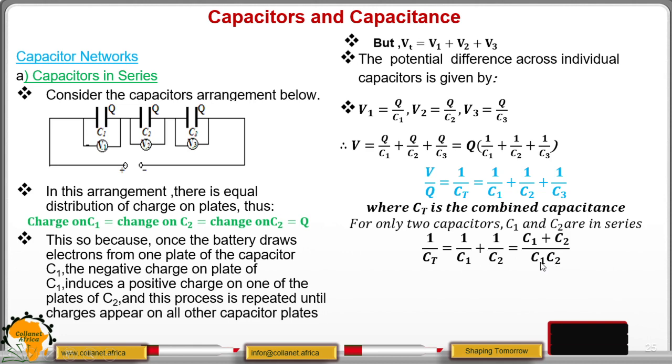So by dividing, you get (C1 plus C2) over C1 C2. But now you need to take the reciprocal to get C total. So C total is C1 C2 divided by C1 plus C2. This is the special formula when you are dealing with only two capacitors.